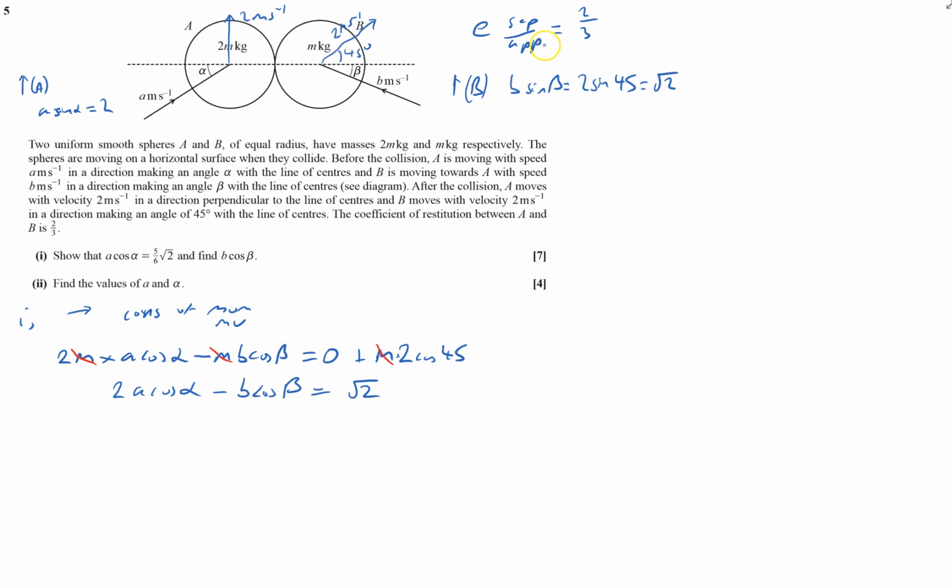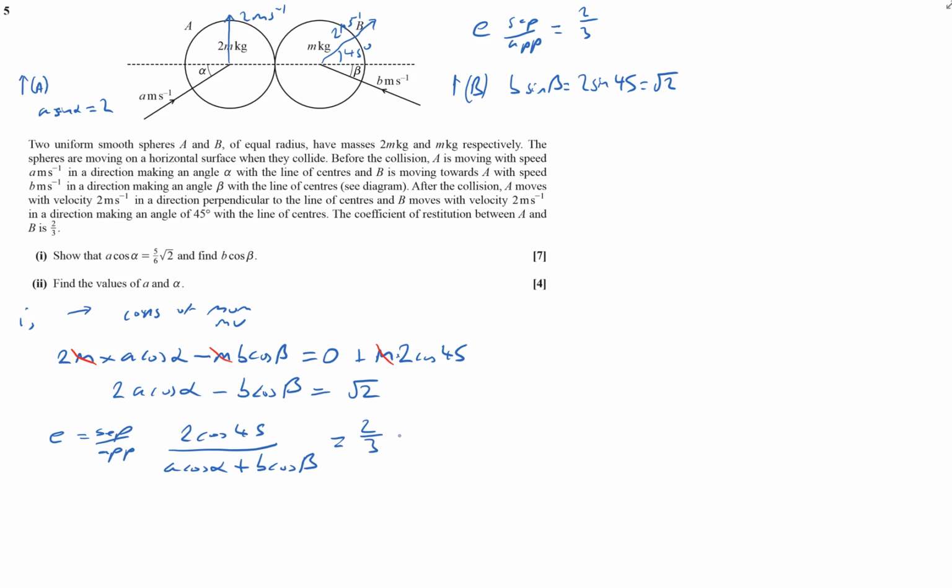Now I haven't used the E bit yet, so let's use the E bit. E equals separation speed over approach speed. And so the separation speed will obviously be the speeds they move apart, which will be 2 cos 45. And that will equal the approach speed. This one's coming in at A cos alpha, and then plus this one's coming in at B cos beta, and that's E, and we're told that E equals 2/3.